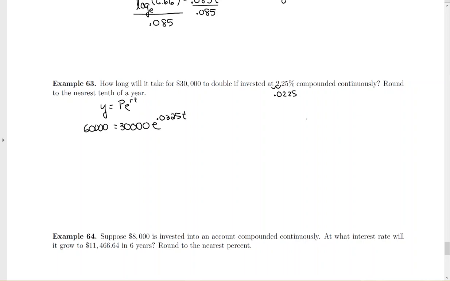And then solve for t. So again, get the e to the power by itself. And because we doubled it, when I do that division, it's going to simplify to the number 2. If I'd have tripled it, then I'd be getting a number 3 here. e to the 0.0225t.